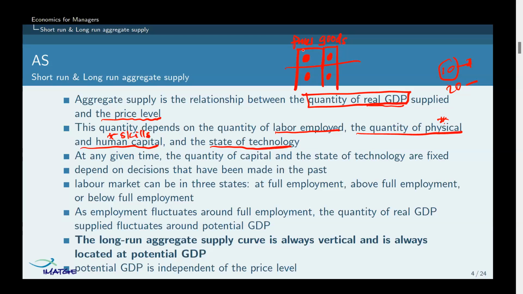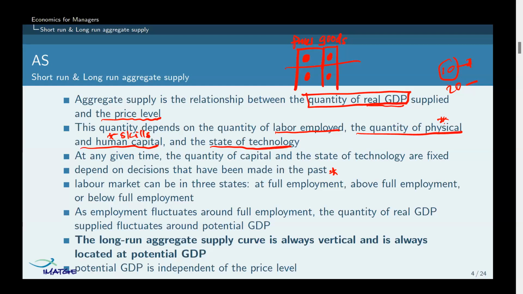They would need to make decisions prior to that, and then they will buy more of the capital or more of these assets after some time. So in general, it is an assumption that quantity of capital and state of technology are fixed. The only way to change them is in the long run, right? So that's why we are saying it depends on the decisions that have been made in the past.